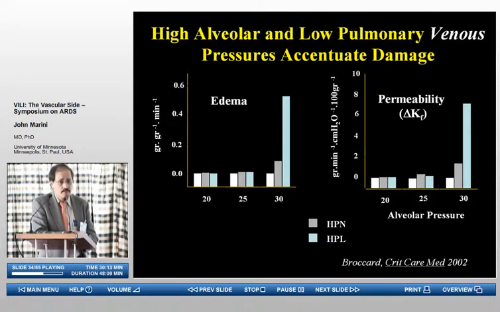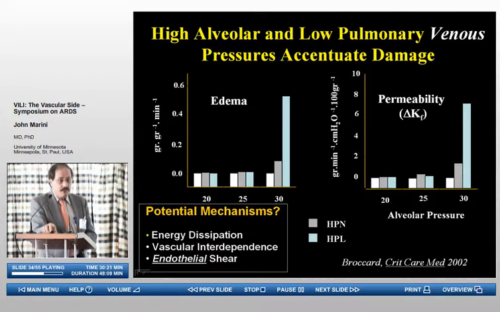This is not what you would predict from classical teaching of congestive heart failure, for example. It's certainly not congestive heart failure. And potential mechanisms are interesting to think about. Some that came to our mind are energy dissipation, vascular interdependence, and endothelial shearing forces increasing because of the vascular pressure gradient.